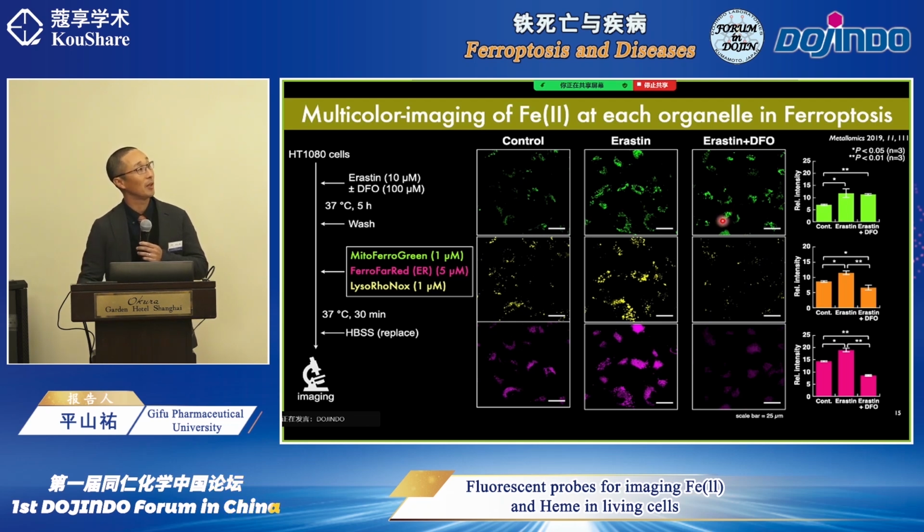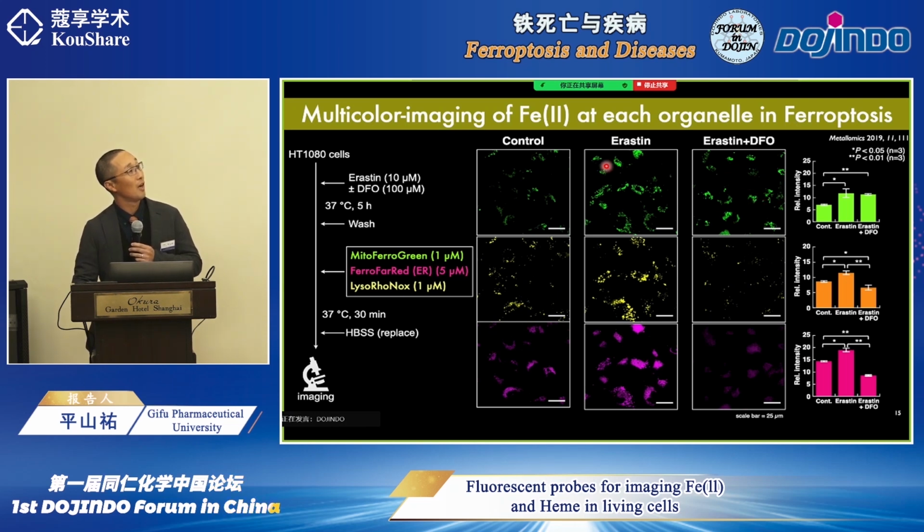Another control experiment supposed that in the erastin-treated cells, the fluorescence overaccumulation was observed. DFO must rescue the cells from ferroptosis, but the fluorescence signal was not suppressed by the addition of DFO.